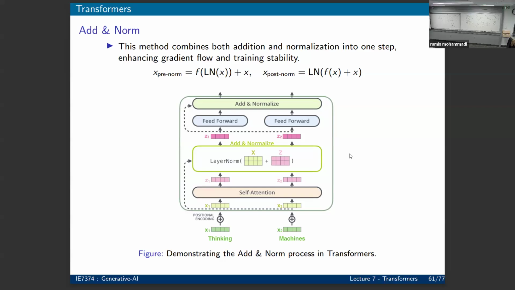Self-attention gives you a latent representation. Bring the latent representation, add the data back to it, and do a layer normalization over that. The output of that goes to a feed forward, and then you do add and normalize, and the output goes to the next layer. That's the general idea of this, just with one head. This is not multi-head. So it's just a general idea of the self-attention.